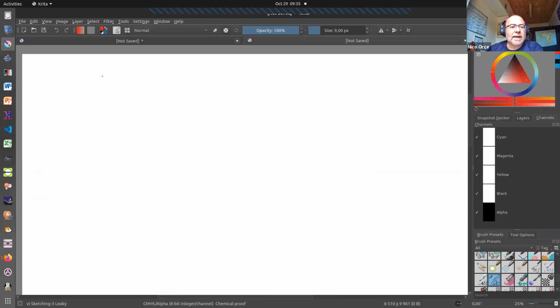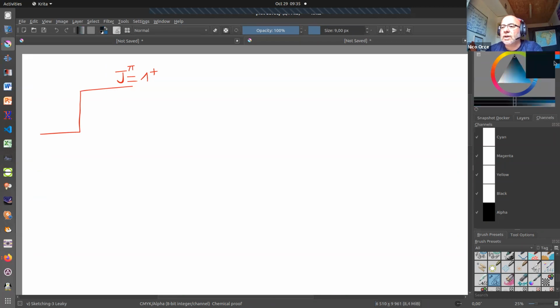Okay, so as we just decided, we have concluded from the fact that J is equal to 1 plus in this bound state of the deuteron, and this state, as we know, is, let me just change the color here.